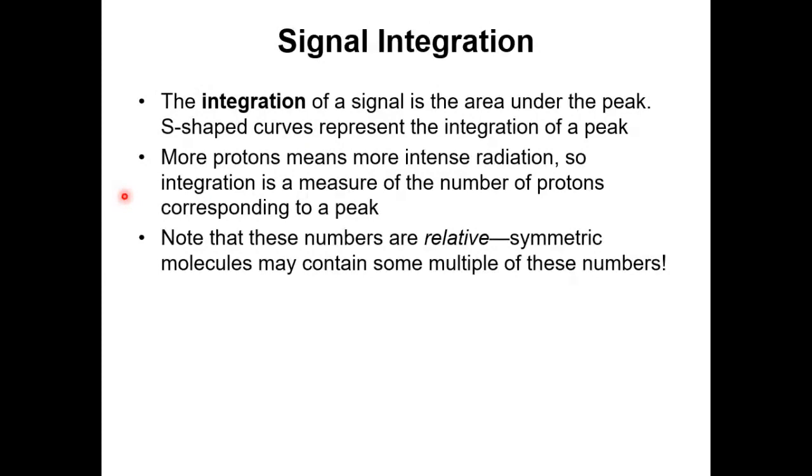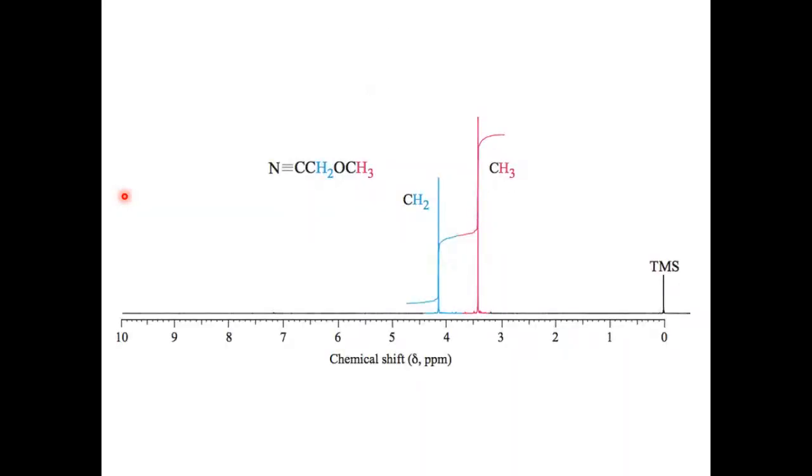The integration of a signal is the area under the peak. Quite often in the NMR spectrum, in addition to the chemical shift value and absorbance, which is the height, you also see this S-shaped curve. This is called the integration.